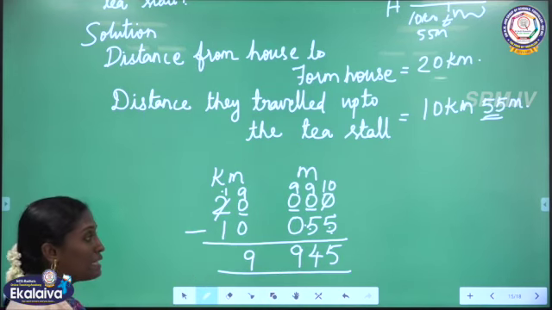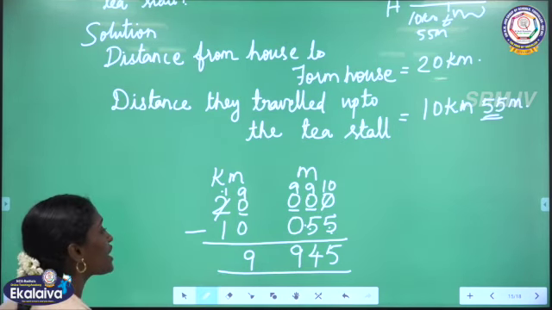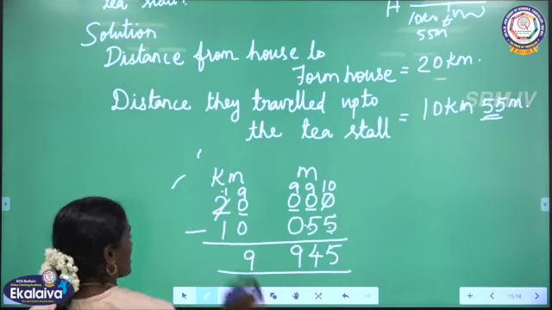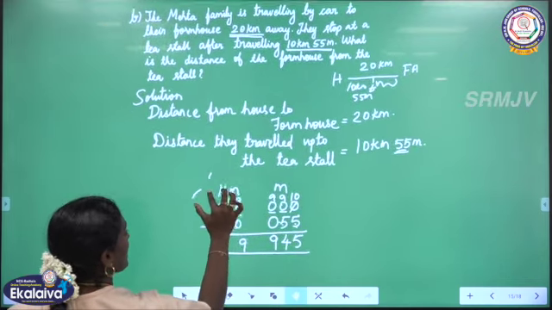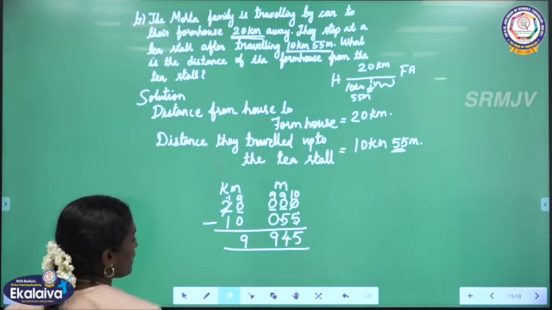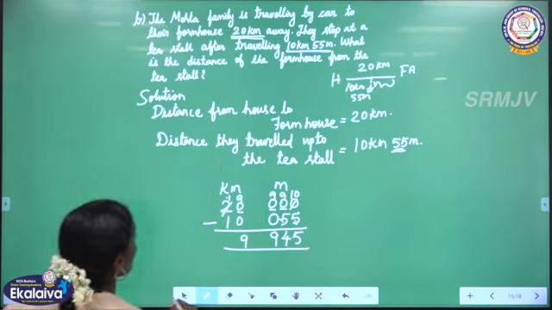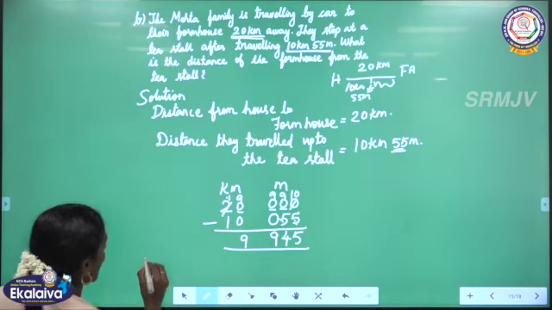So, this is the distance they have to reach. Here 9 kilometer and 945 meter. The remaining distance is 9 kilometer and 945 meter. So what is the distance of the farmhouse from the tea stall?